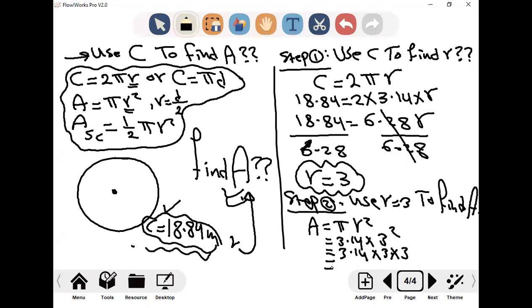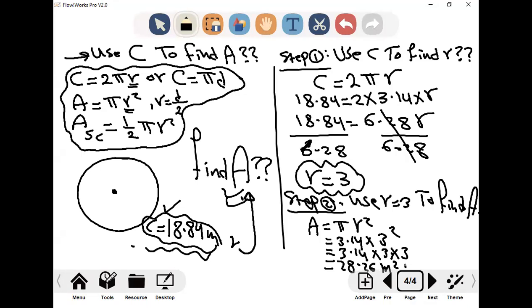It will be 28.26. What's the unit? Meter power 2. Done.